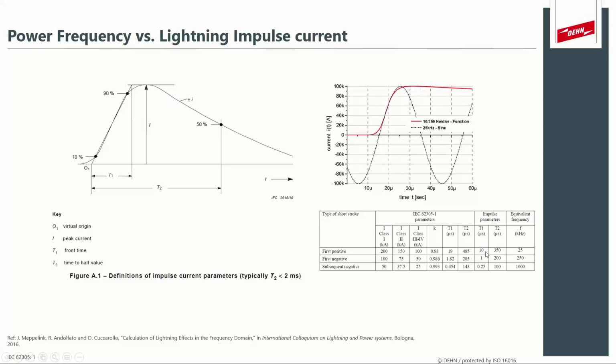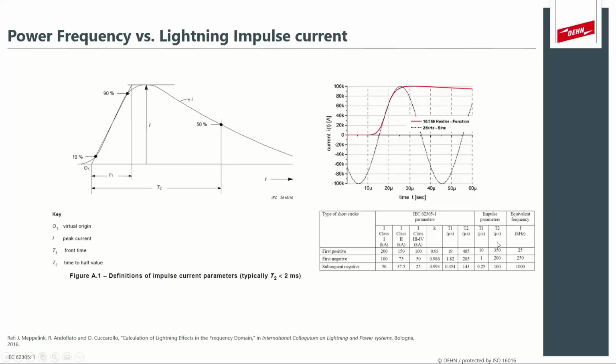So the first value 10 describes T1, which is the rise time to its peak value. So for example, in the first positive stroke, if we talk about T1 being 10 microseconds, it means that the impulse will have a rise time up to its peak value in 10 microseconds.